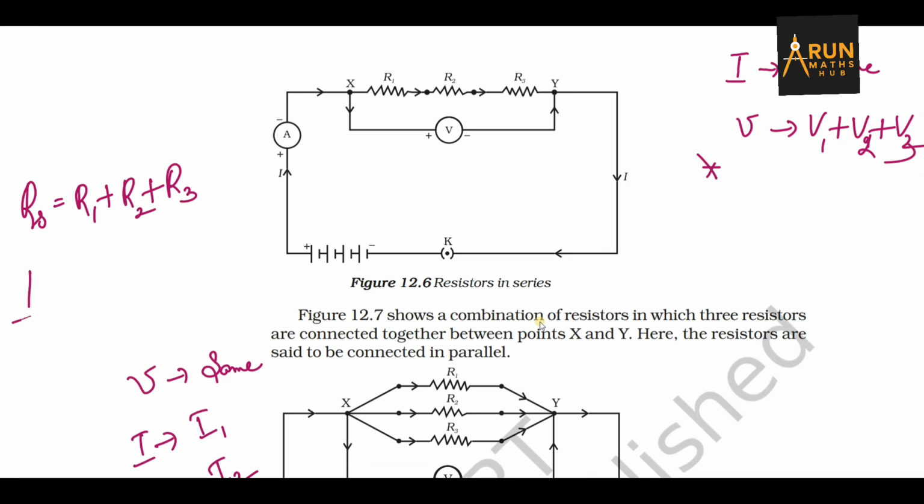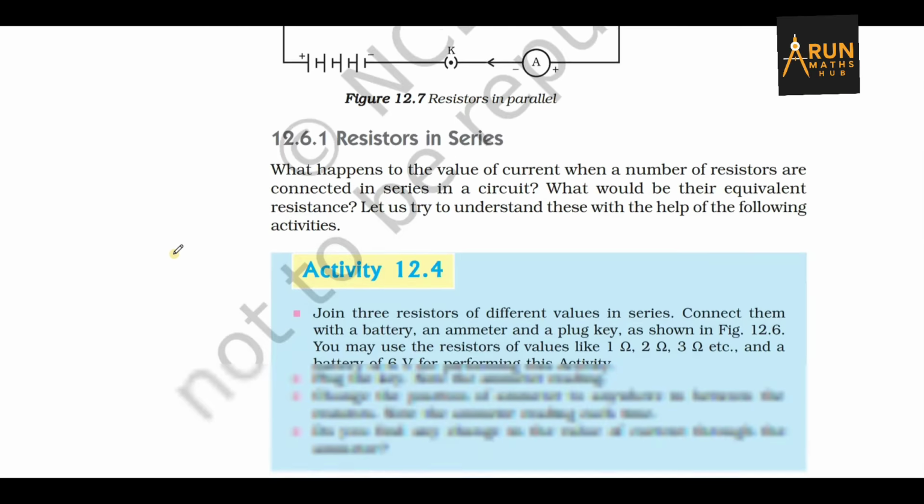In case of parallel, it is 1 by Rp equals 1 by R1 plus 1 by R2 plus 1 by R3. When the resistors are connected in series, the effective resistance is R1 plus R2 plus R3. When it is connected in parallel, 1 by Rp equals 1 by R1 plus 1 by R2 plus 1 by R3.